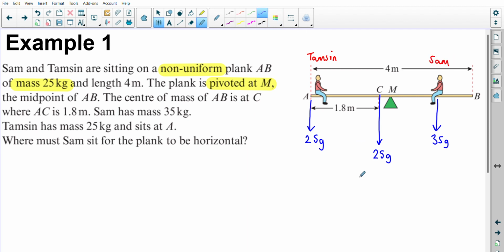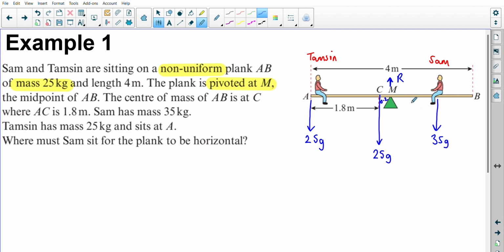I'm going to add a few more things onto my diagram. There's going to be a reaction force here, and I'm going to add on the distances. If M, the pivot, is the midpoint of the plank, then if this is 1.8, that'll be 0.2.